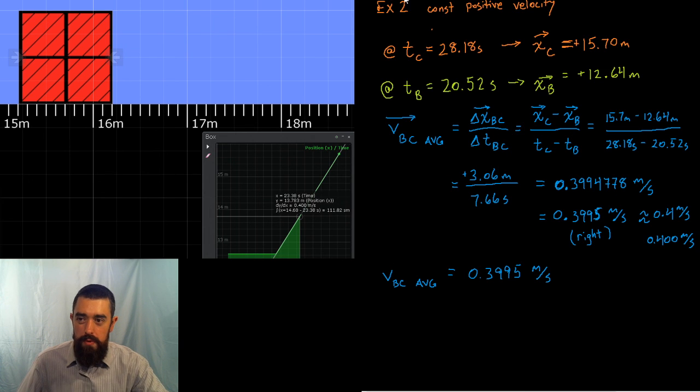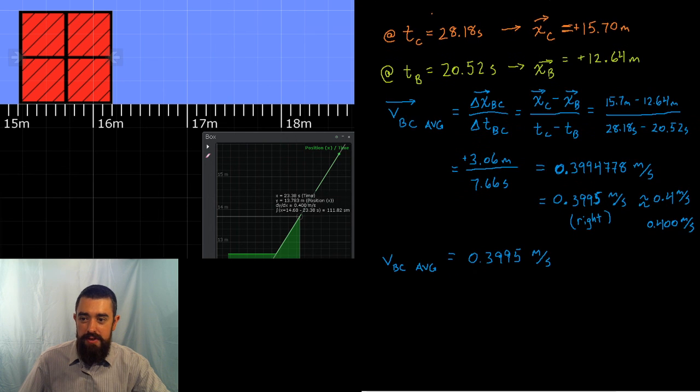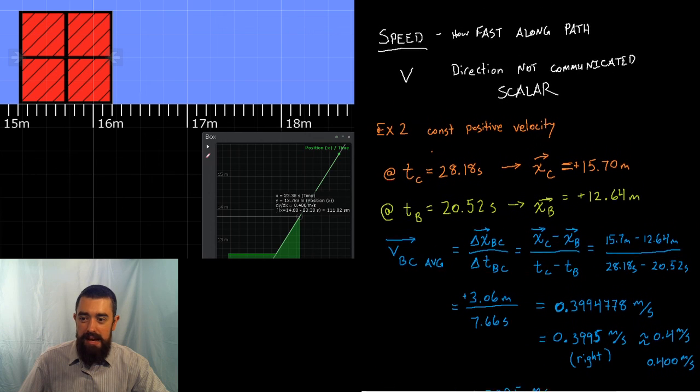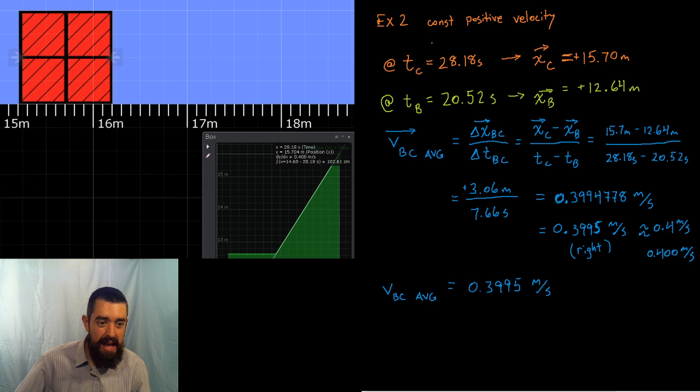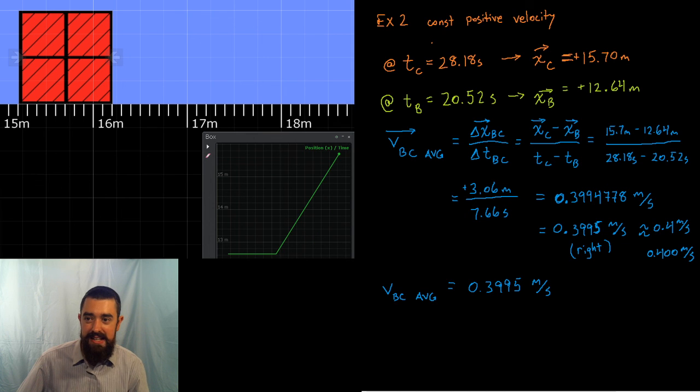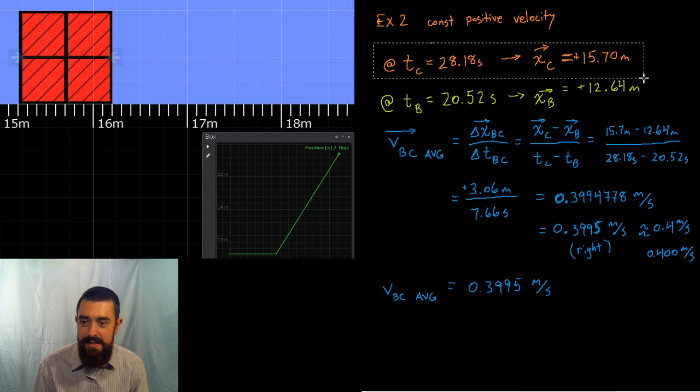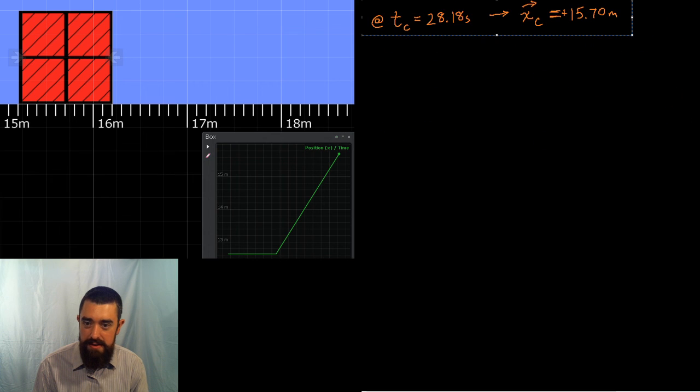So what would we get if we did our equation for velocity, which is actually average velocity? Well, we need some data points. So now we're going to be looking at 2 points in time, 14.68 seconds and 28.18 seconds. Now I have that information. Here is C. So let's put that down here.